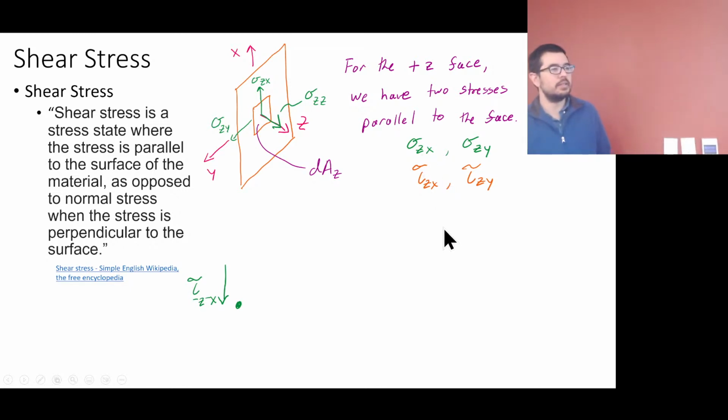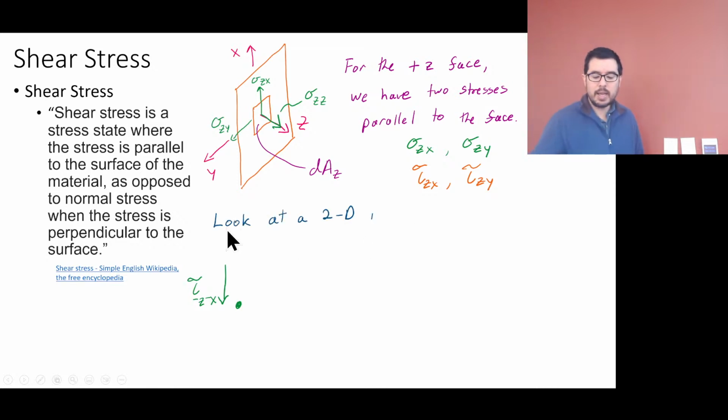You can write it that way, but we write it as tau, just recognizing that it is the shear stress. But yes, you can use a different notation if you're using the numbers. Sometimes you will see sigma 1, that's usually meaning in the x direction. Sigma 2 usually meaning in the y direction. Sigma 3 usually meaning in the z direction.